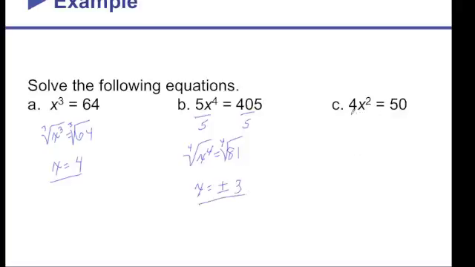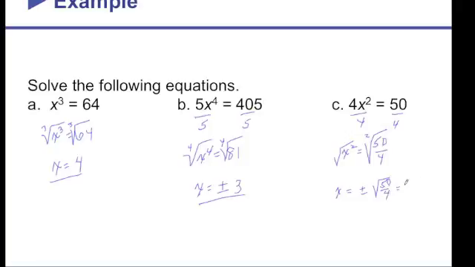Here we have a square. Let's start by dividing by 4. So x squared will equal 50 fourths. And let's take the square root of both sides. So x will equal plus or minus the square root of 50 fourths.